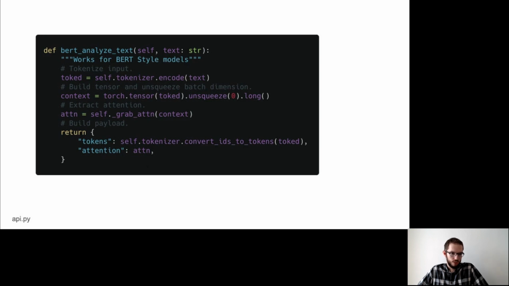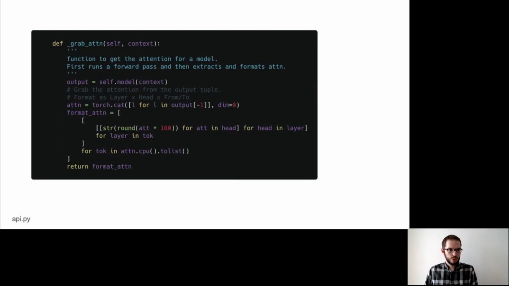We extract the attention using a function called grab attention. And then we're building the payload. Here we are using the attention, that is the output from the grab attention, so we're assuming that this grab attention function already returns it in the correct way. And for tokens, we're simply converting the individual IDs in the encoded text back to strings using our tokenizer.